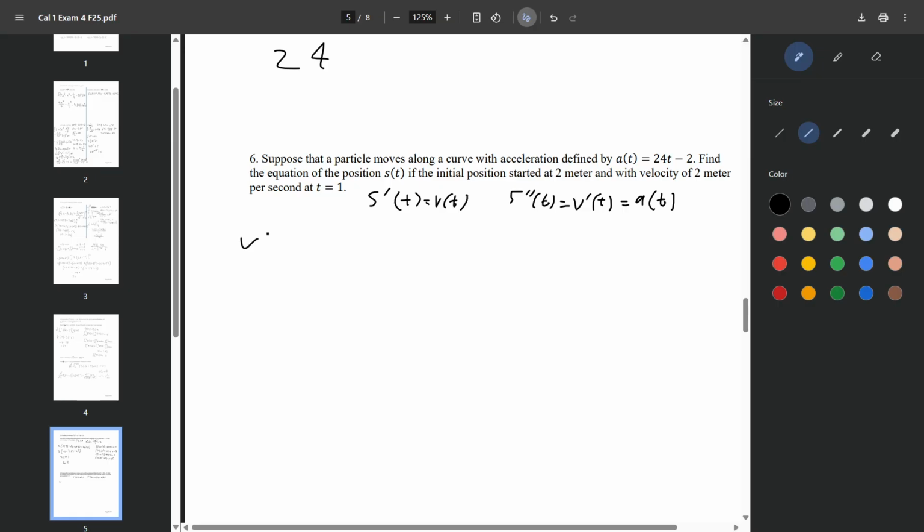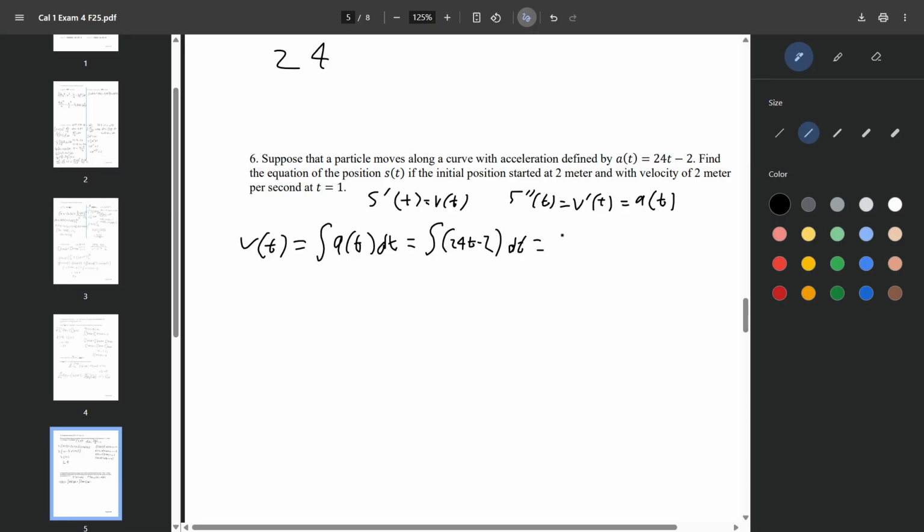So v of t equals the integral of a of t dt. I'm sorry, our variable is t in this case. So that will give us the integral of 24t minus 2 dt.